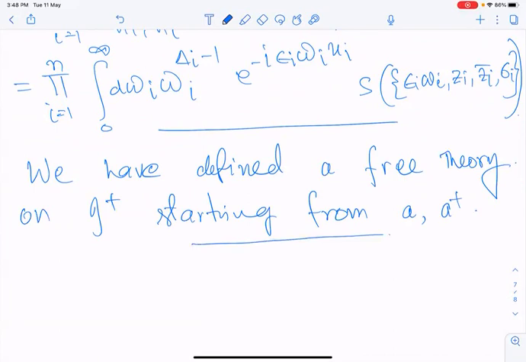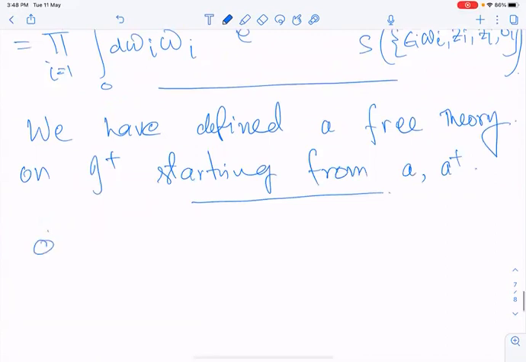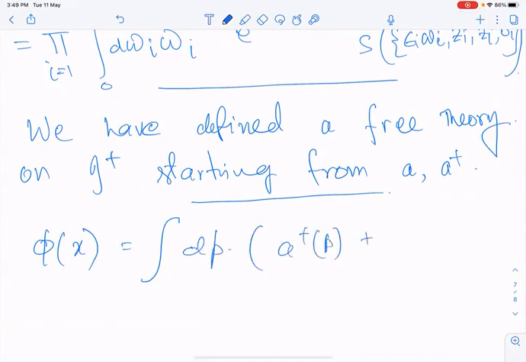Now you can also define a free theory on the space-time, which of course you do by defining these fields, with the integral dp of a dagger p and ap, with e to the power ip dot x plus its conjugate.